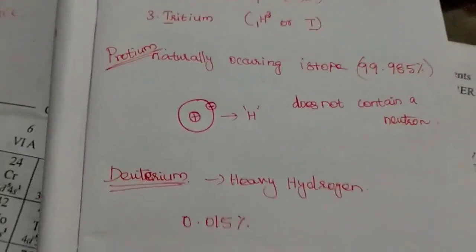These are the types of isotopes of hydrogen.